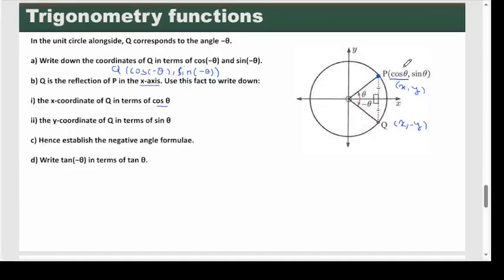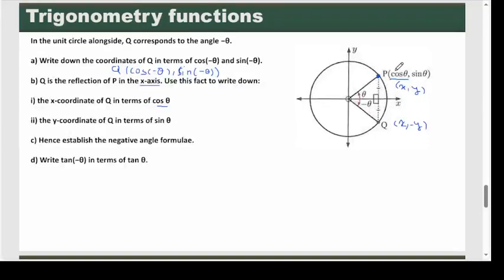For P, x is cosine of theta. So cosine of negative theta equals cosine of theta.